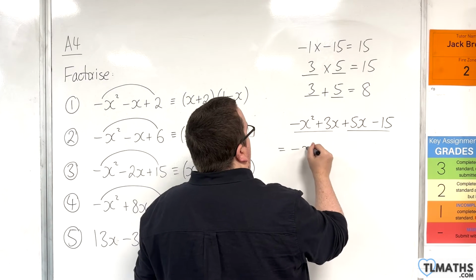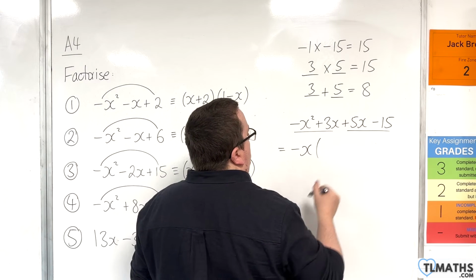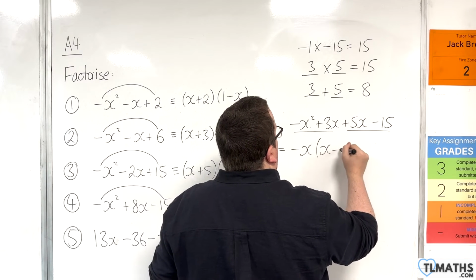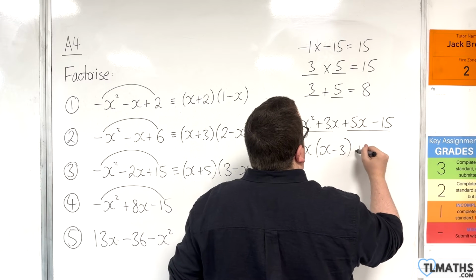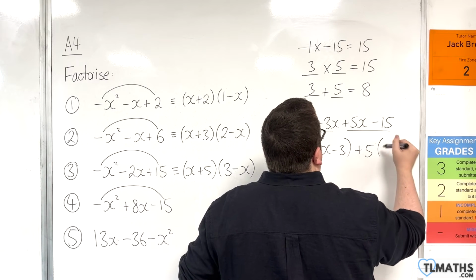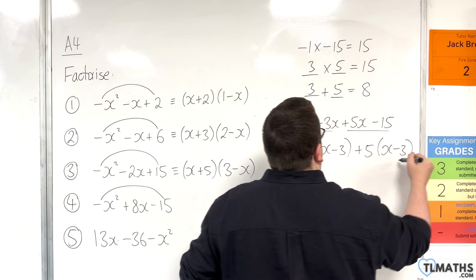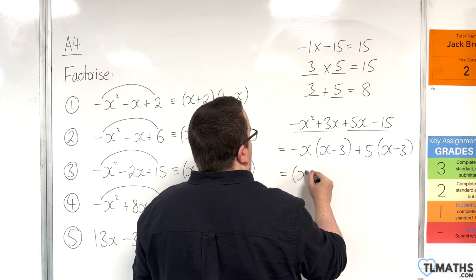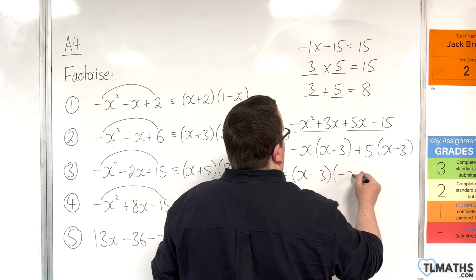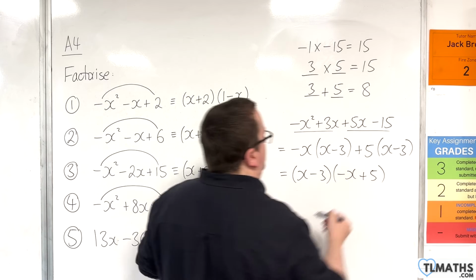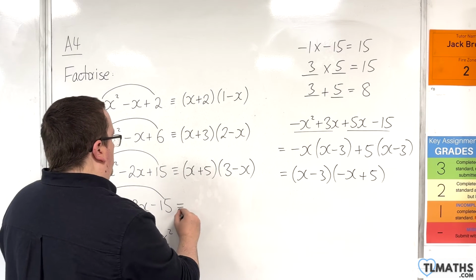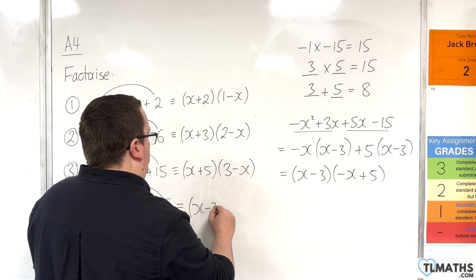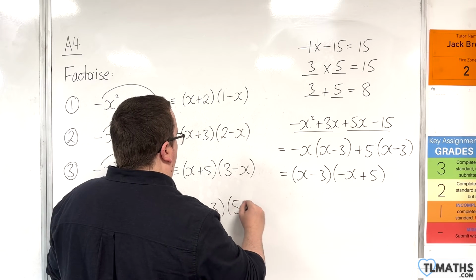So factor the minus x out of the first two terms, and you would get x take away 3. And then factor the 5 out of these two terms, and you're going to get x take away 3. So one of the brackets is x take away 3, the other bracket is minus x plus 5. So x take away 3, and I'll write it as 5 take away x.